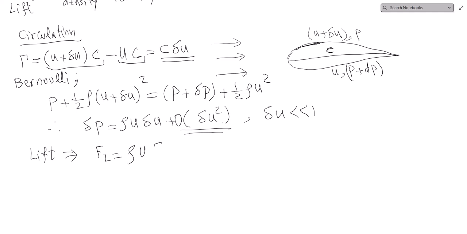Rho u gamma is rho u, and gamma we just calculated as C delta u, right? So this is my gamma.